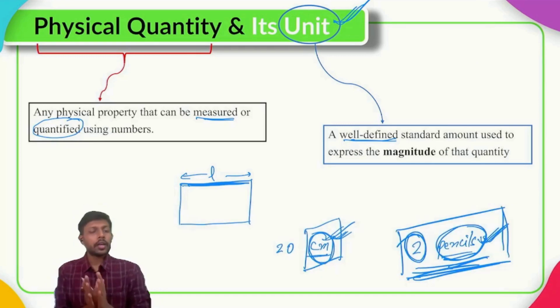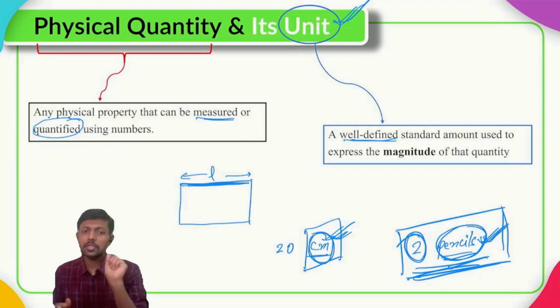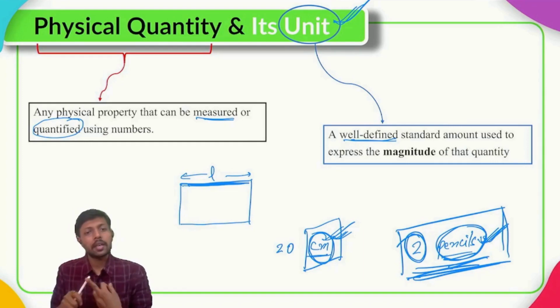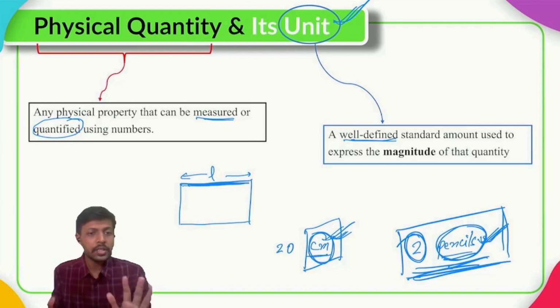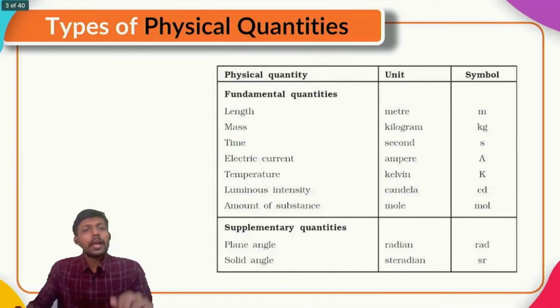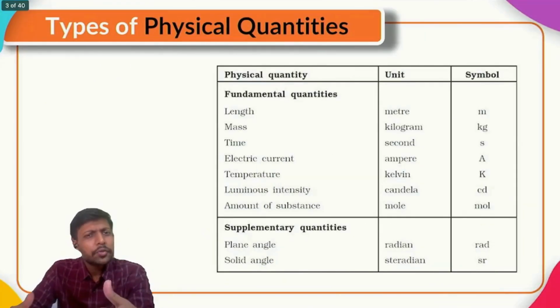Now, I hope you've understood what physical quantities and units are. A unit is the smallest standard amount, whereas a physical quantity is anything that we can measure. Area, weight, mass, force, all these are physical quantities, as opposed to abstract quantities.